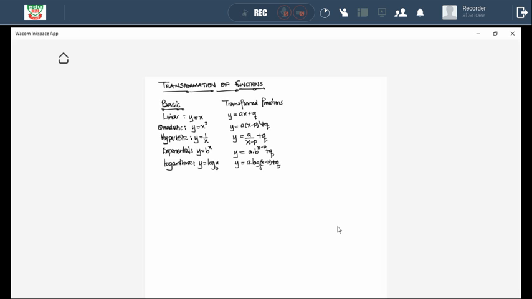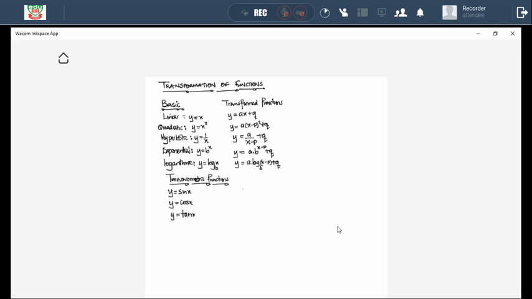Now, trigonometric functions. You have something like y equals sin x, y equals cos x in its basic form, and y equals tan x.